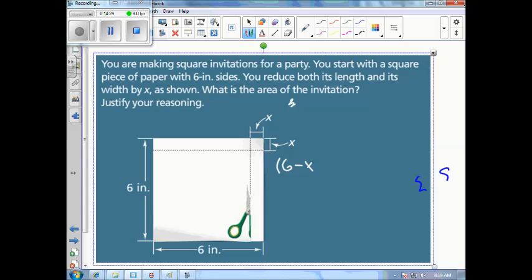Because you're cutting off x from both sides. Subtracting x from both sides. It's no longer 6. We don't know what x is, so it is 6 minus x. So there's questions about that. How we get 6 minus x, because we're cutting off x. So subtracting. Keep going. So then you times it out.